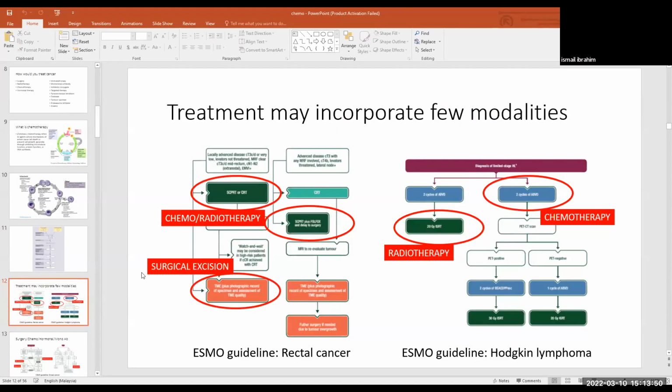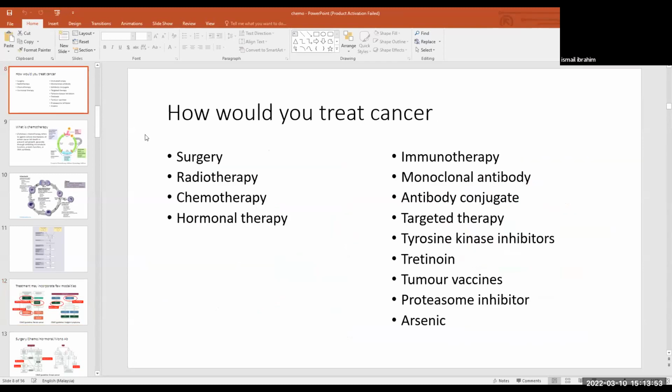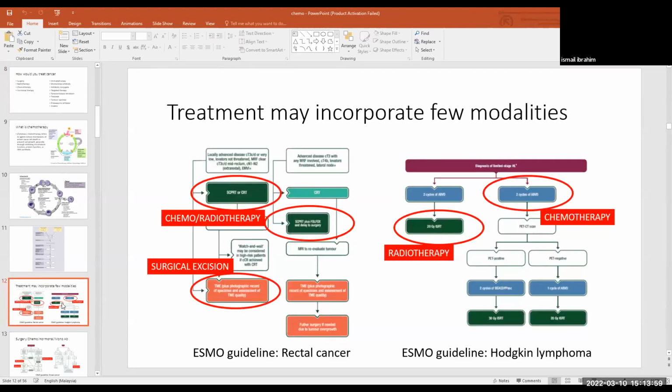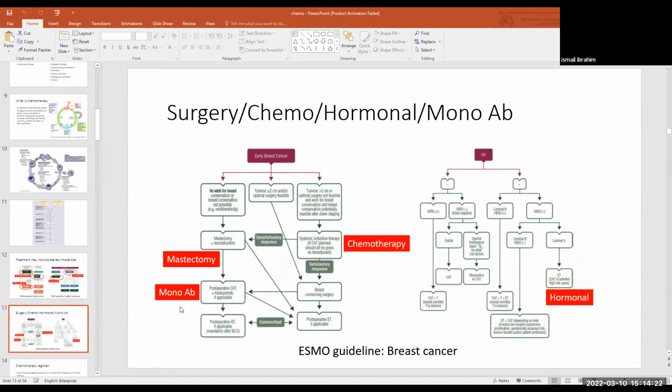But as we understood earlier on, it's not only chemotherapy that we give; we also do other things to treat cancer. We don't only use one modality. We can incorporate a few modalities, whether that's combining chemotherapy and radiotherapy, or including surgery, or it could be radiotherapy alone or chemotherapy alone, or a combination of all.